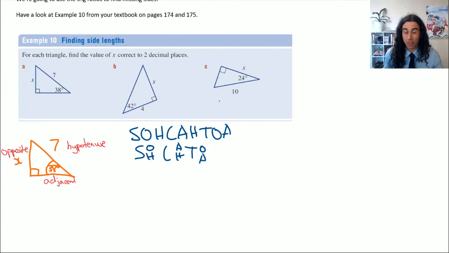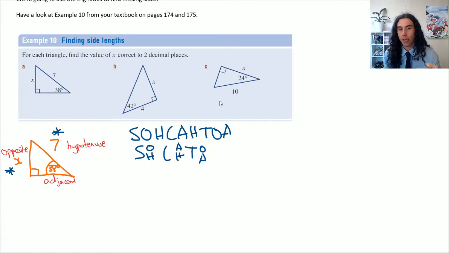And you're going to pick one of them, sine, cos, or tan. What I see here is we know the 7 here, and we want the x. So those are the 2 sides we're interested in. We don't care about the adjacent for this one. We only care about opposite and hypotenuse.